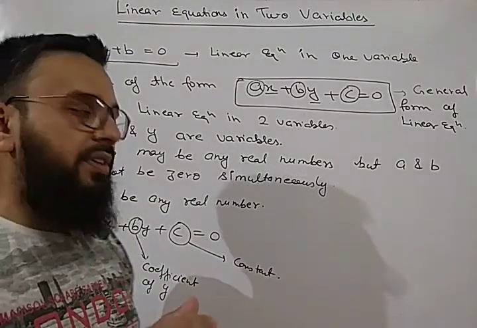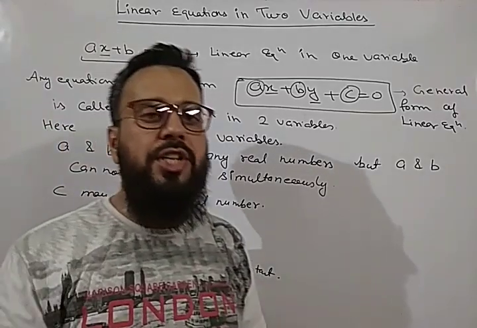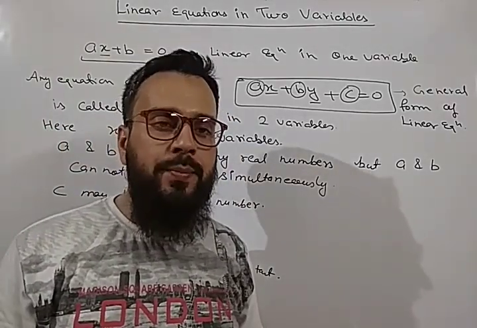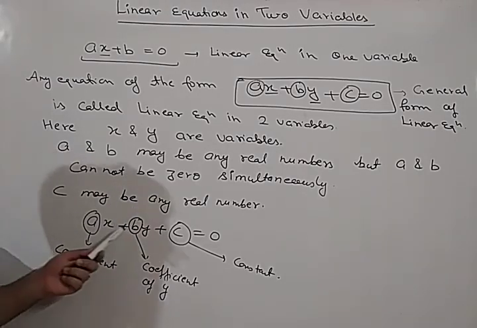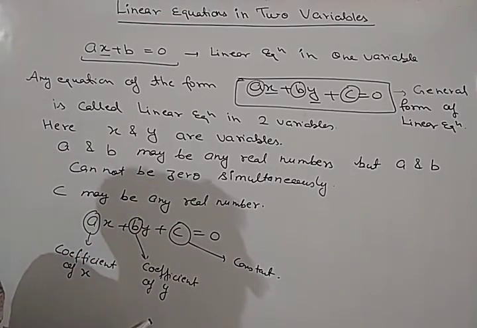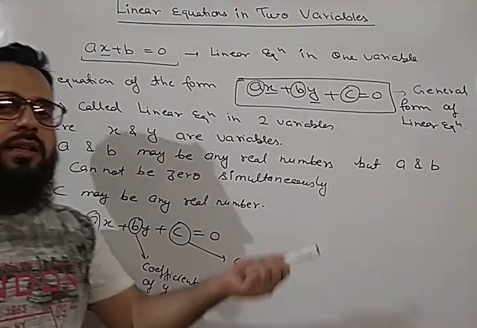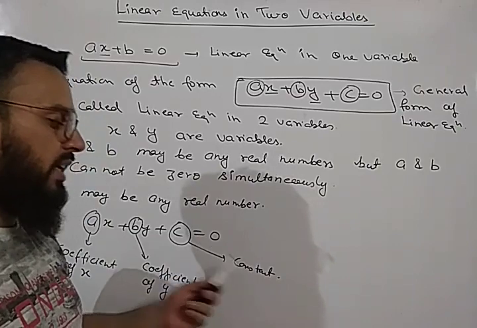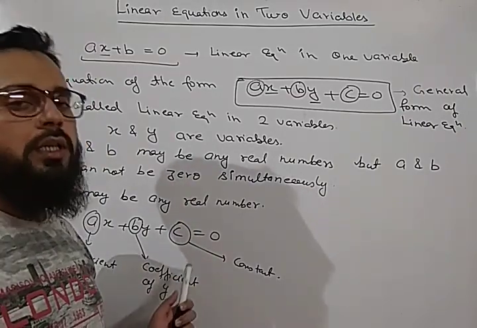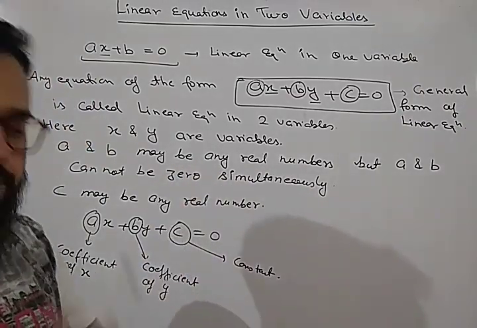If it is asked in the question to find the coefficient of x or the coefficient of y, whatever is written with x is the coefficient of x, and whatever is written with y is the coefficient of y. The third term is a constant term, meaning there will be no x and y with this term. This is our constant term c.